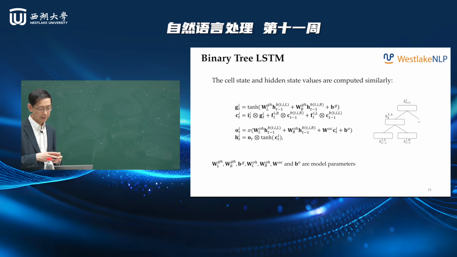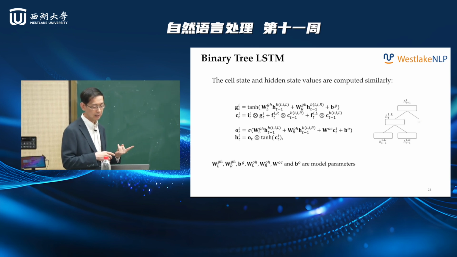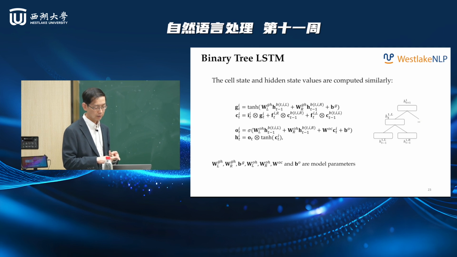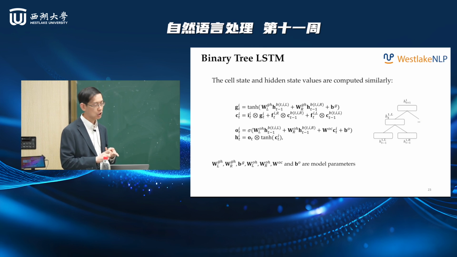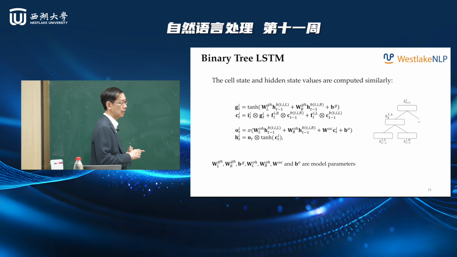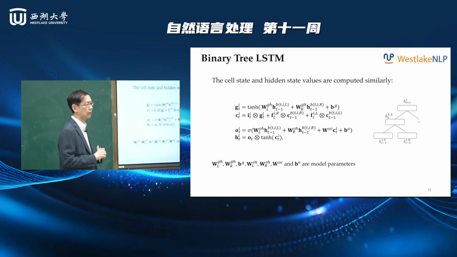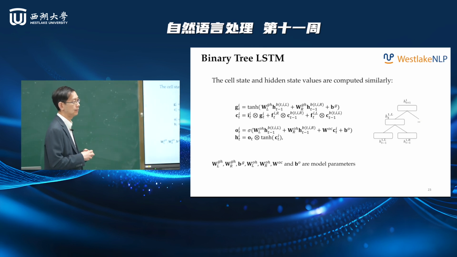Now that you have a left forget gate and a right forget gate, you can calculate a G just as before. And then your cell is the input gate times G plus the left forget gate times the left child cell and the right forget gate times the right child cell.